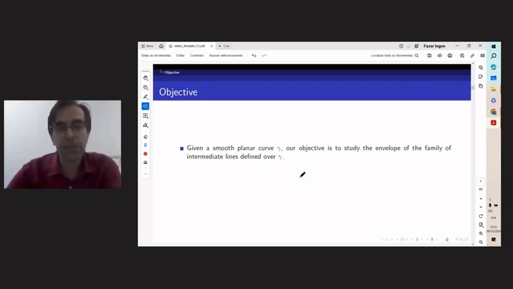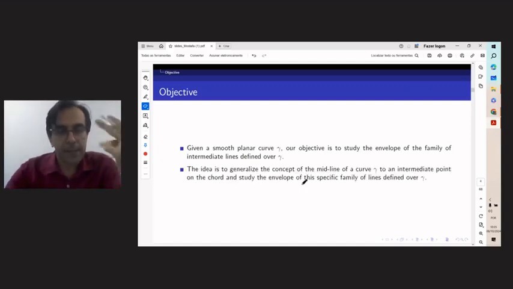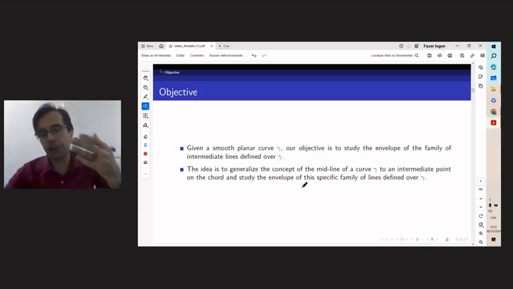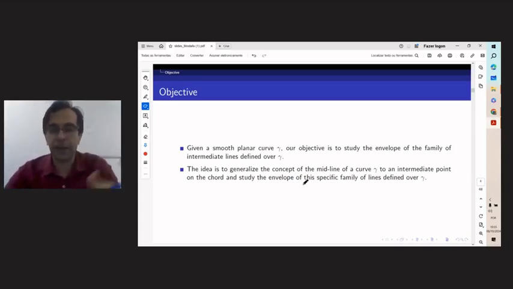What is intermediate lines? I will define later. Our idea was to generalize the concept of midline of a plane curve, and we are going to study the envelope of this family of lines which we call intermediate lines.